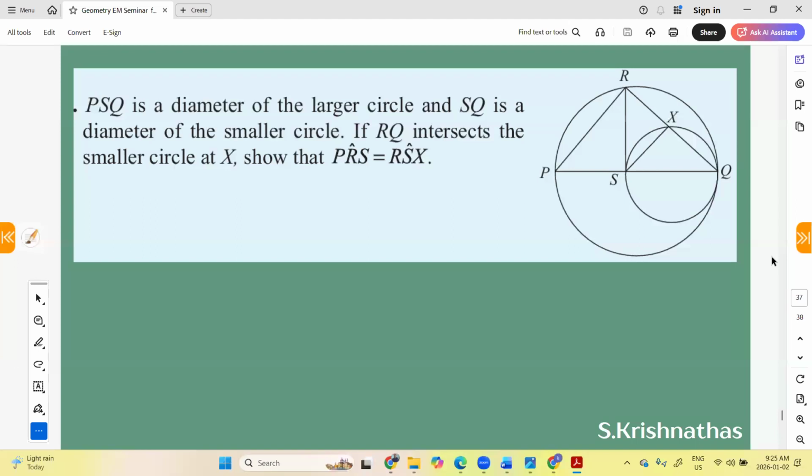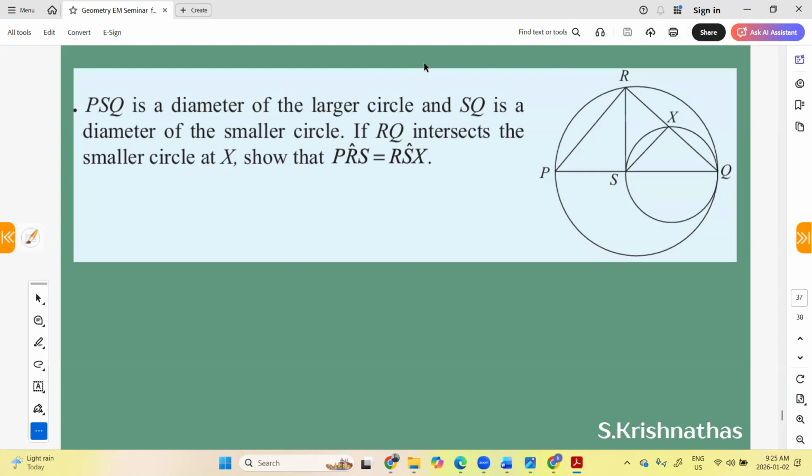If everything is clear in the theorems, you can easily answer this question. In grade 10, all the theorems are clear. PSQ is the diameter of the larger circle and SQ is the diameter of the smaller circle. If RQ intersects the smaller circle at X, show that PRS equals RSX.